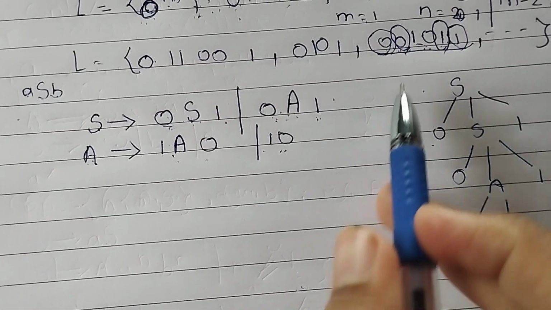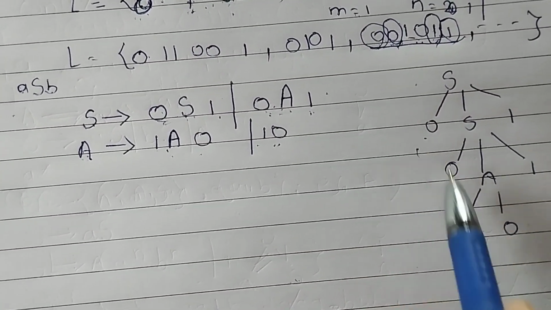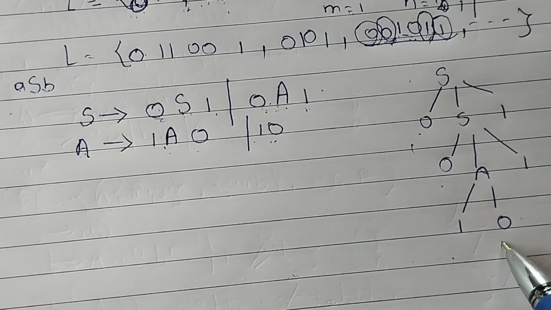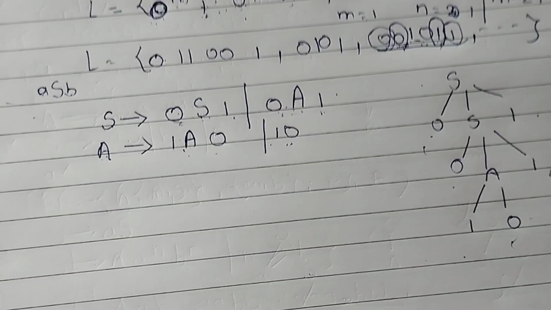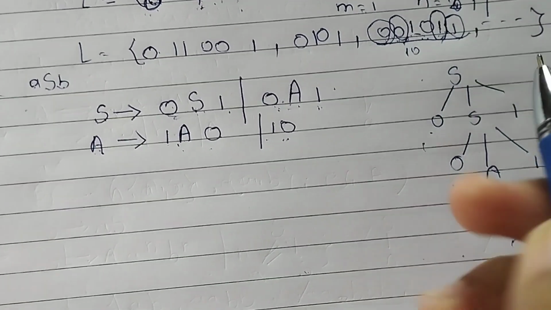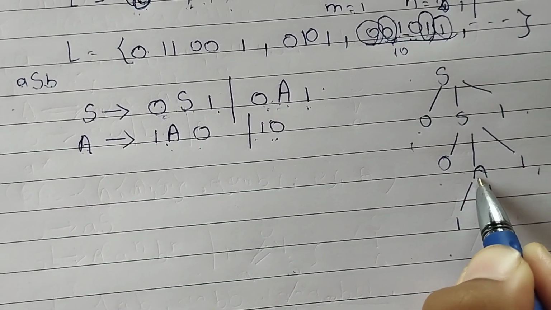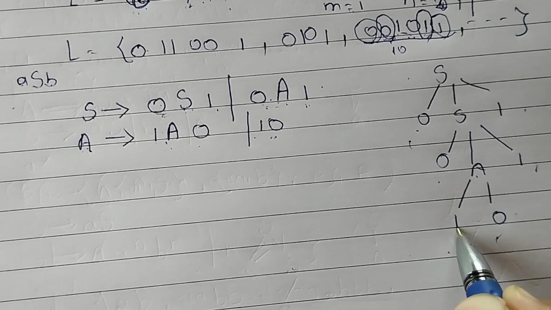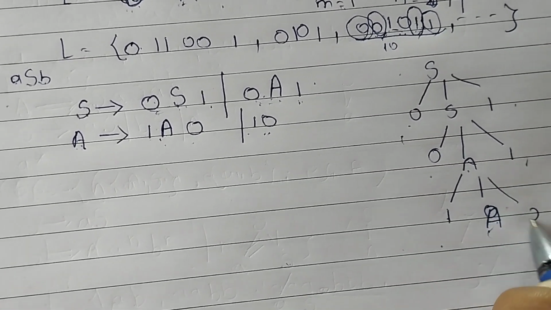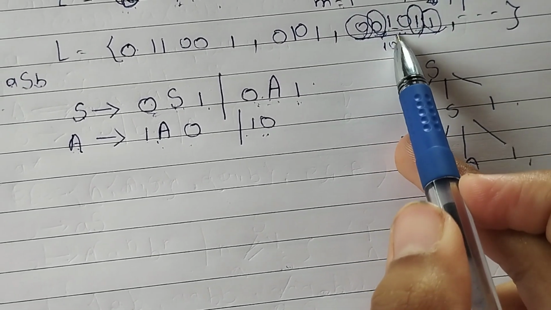So now I get this production 0 0 1 0 1 1. Now let's suppose one more 1 and 0 is present. That time simply I read this A. Instead of writing directly 1 and 0, first I read 1 A 0 and then I read this.